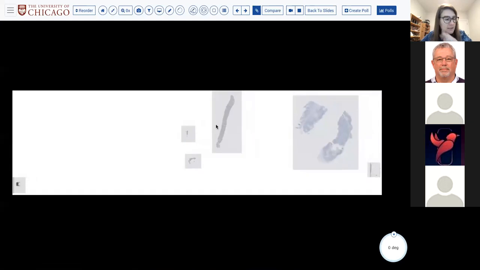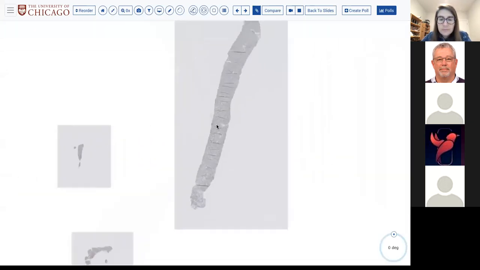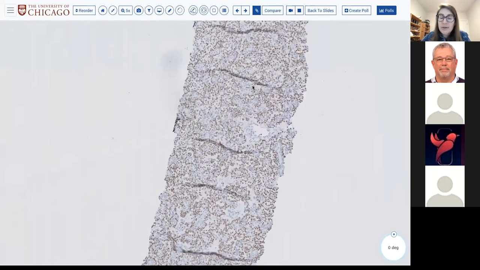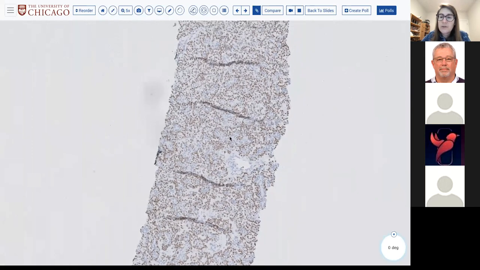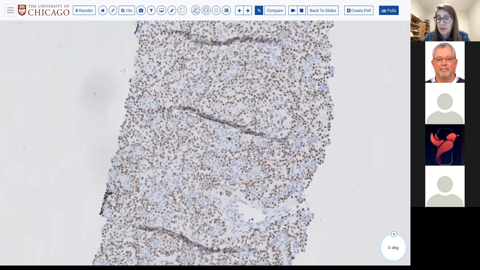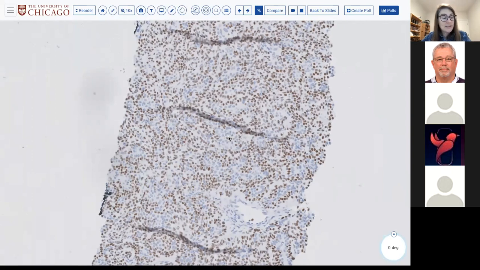So the next stain here, I like to demonstrate first the presence of any significant myoepithelial component. Generally the first step I take towards that is something like a P63 or a P40. And we'll get into why P40 is much more specific than P63 when it comes to certain types of tumors, but this is a P40.